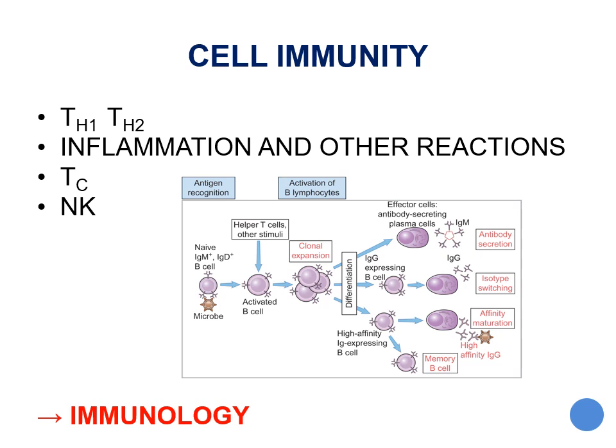Cell immunity: we have T helper 1 and T helper 2 cells, and here what we can see is the naive immunoglobulin-expressing B cell which interacts with the microbe. Then the B cell is activated with helper T cells and other stimuli, which means other signaling molecules.